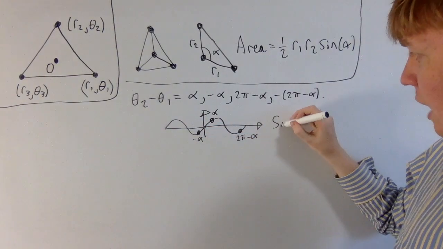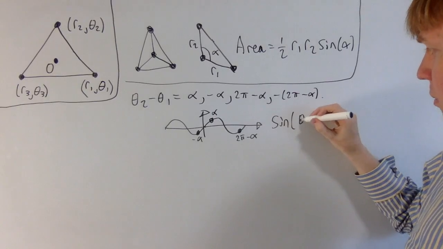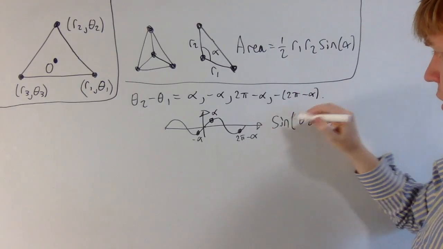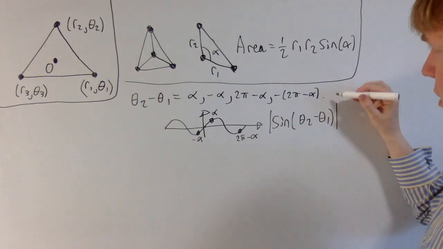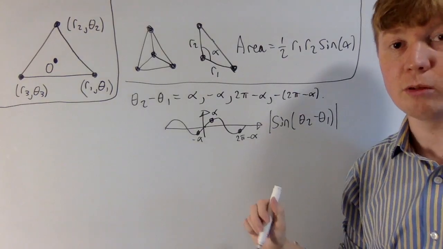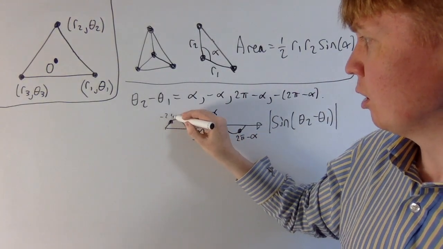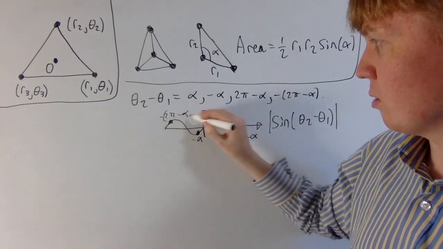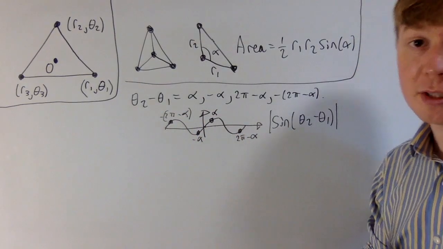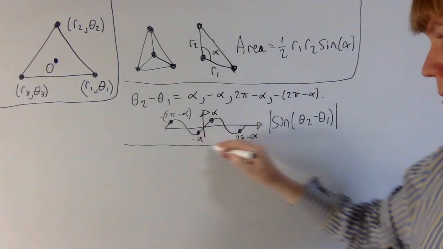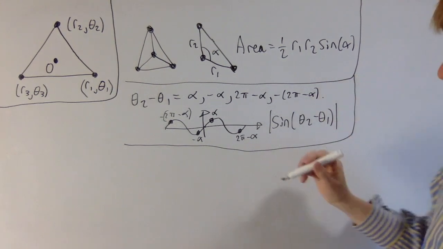So all we need to do in the end is take sine of θ2 minus θ1 and take the absolute value of this, and this will be equal to sine of alpha, which is what we want. And when we have the negative 2 pi minus alpha, we don't even need to do anything here. This turns out to be the correct positive value, but taking the absolute value of this doesn't cause us any problems.